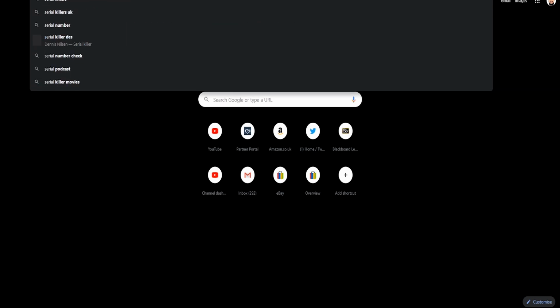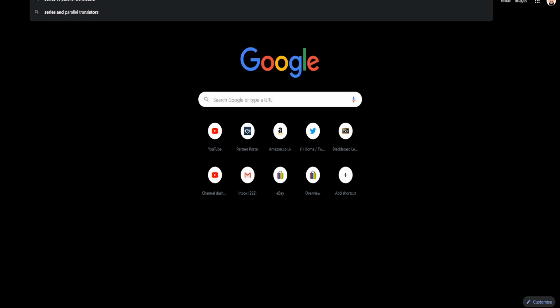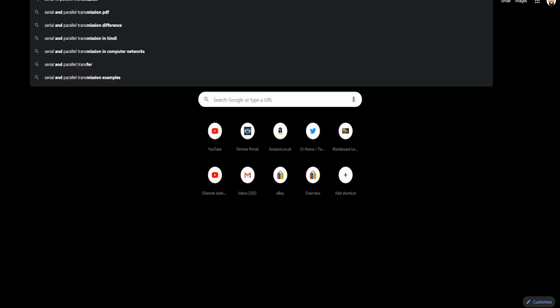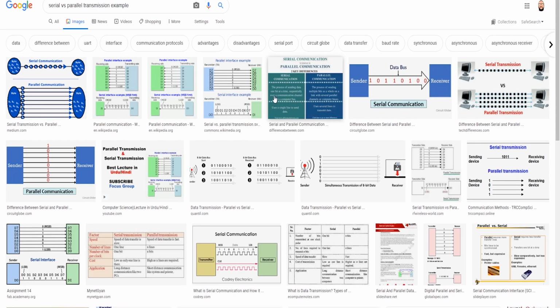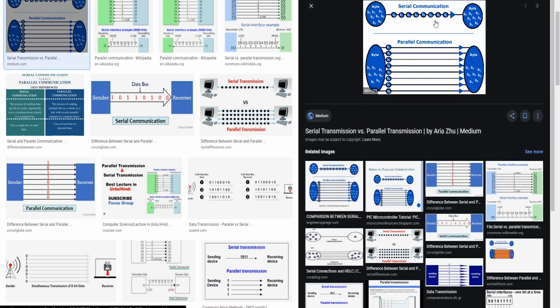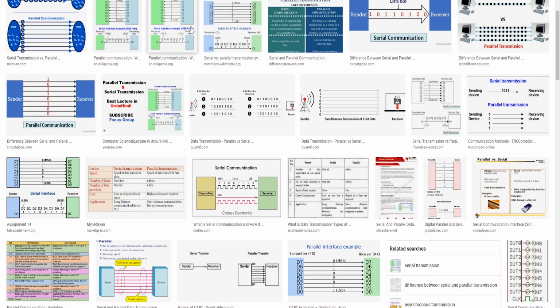So, serial versus parallel transmission example. That's what I'm talking about in terms of buses. I actually think of actual buses driving in, let's put cars.